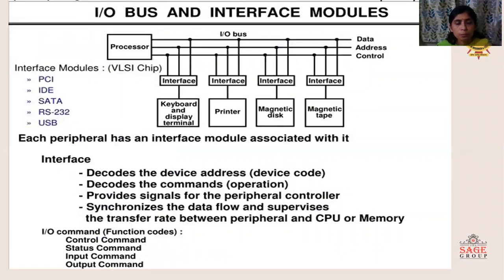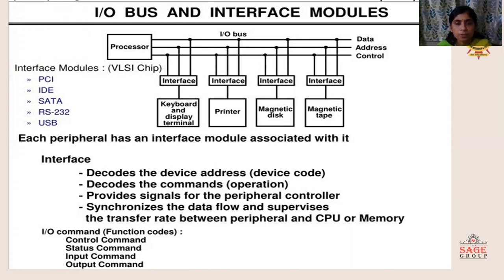And this is the input output bus and interface modules. Here, the input devices and output devices are connected to the processor via different buses, as the bus is a group of connection wires to establish communication between the different units, for example input output, memory unit, central processing unit, arithmetic logic unit.